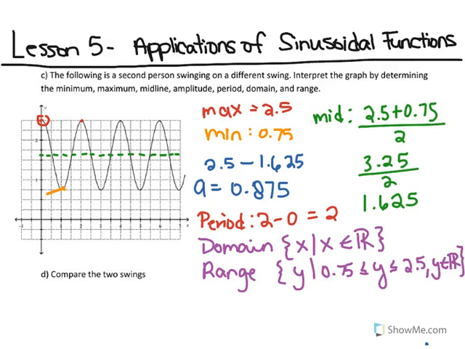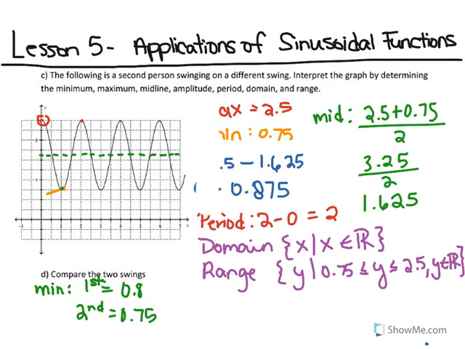So now we want to compare the two swings. First, if we look at our minimums, that's how far it gets off the ground. Our minimum on the first swinger is equal to 0.8, and our minimum on the second swinger is equal to 0.75.